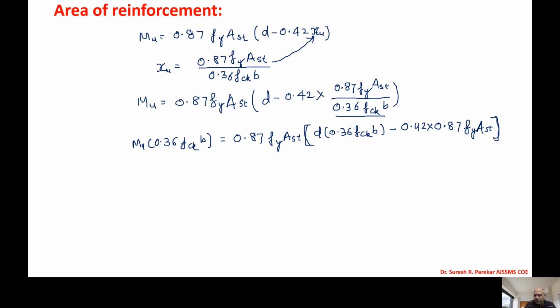Now you simplify this. By simplifying, we will get 0.318 fy square upon Ast square. So if we multiply this with this term, we will have 0.87 into 0.42 into 0.87.